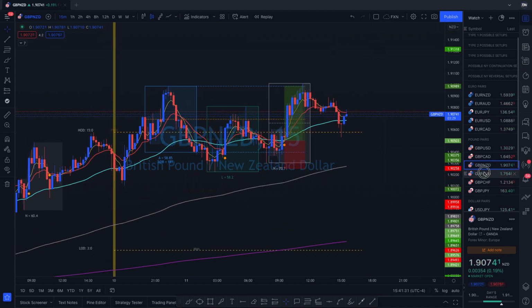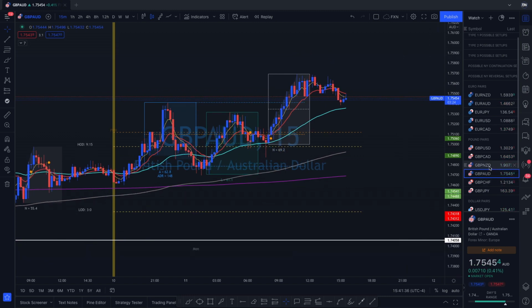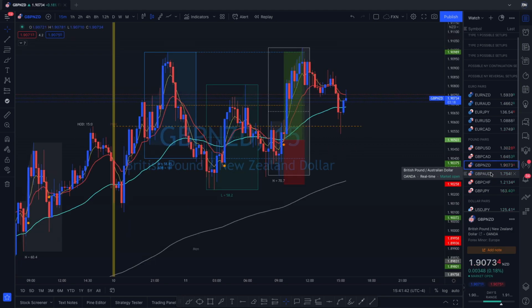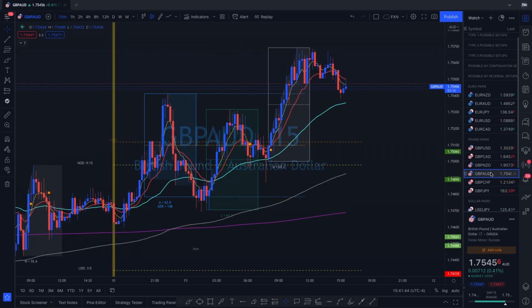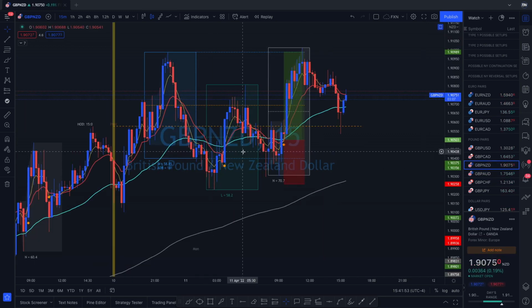So look at this though. If you compare that to pound AUD, you can compare setups, and yes, they both go in the same direction, but the setups are different, right? The setups are different. So the better setup, if you look at both pairs, to me, the better setup was on pound NZD because the pattern that we trade was very clear on pound NZD.